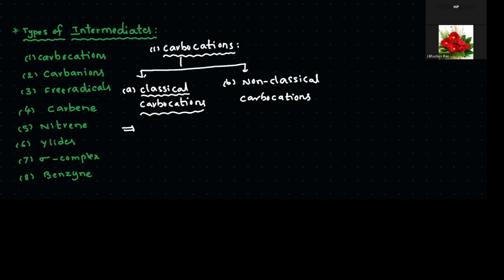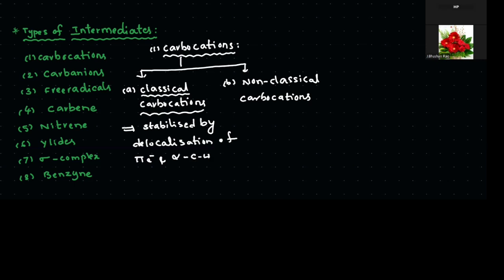The carbocations which are stabilized by delocalization of pi electrons and alpha carbon hydrogen sigma electrons.